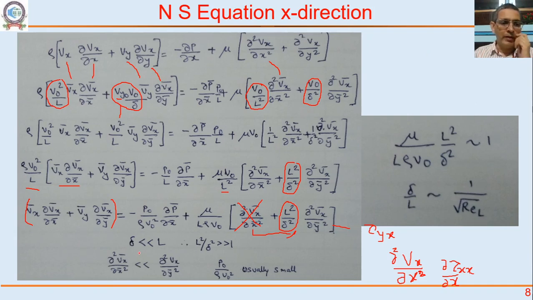Now look at the left hand side. Left hand side is of the order 0 to 1. Now this pressure gradient is usually not important. Why? Because the plate is open to atmosphere, so density is practically constant. It is a very small pressure gradient. So actually it is not P naught, it is the pressure gradient that we should use for making it dimensionless, and the pressure gradient is usually small.